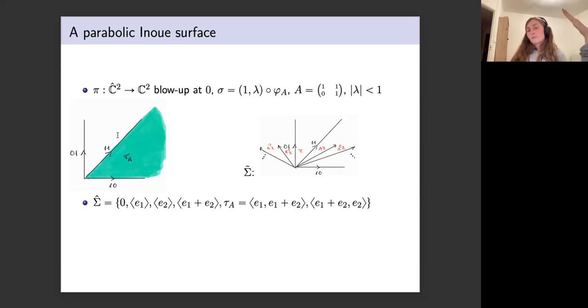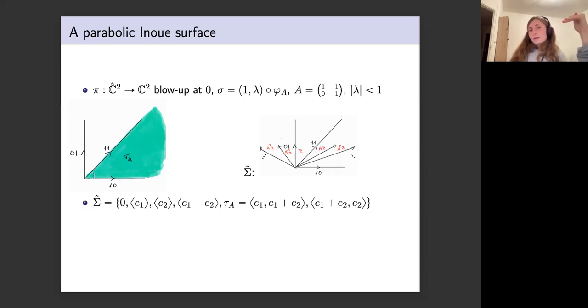But not directly with that, but with the image by A of that. So you have one cone, you have to remove it, and add A of this cone, A squared of this cone, and so on. What does A of this cone do? Well, A of (1,0) is just (1,0), so (1,0) will not get any copies.